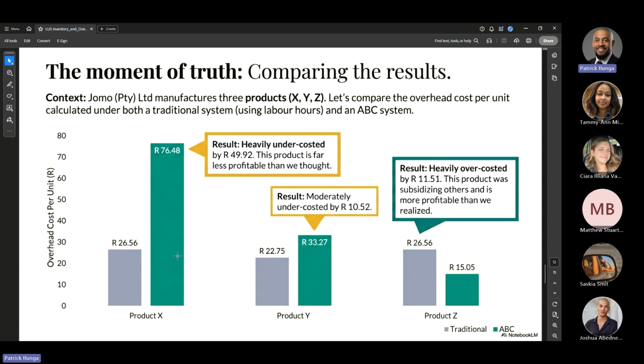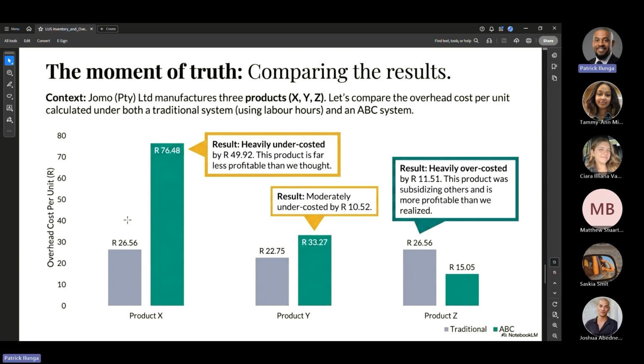So we can see that actually, can you imagine if you are making a decision based on this cost? So what would be the consequence? Because you are telling me, Patrick, yeah, I see that, but how does it apply in real life? It applies because if you use this to price your product X and you say, oh, the cost is only 26 rand. Okay, I'm going to price it at 40 rand.